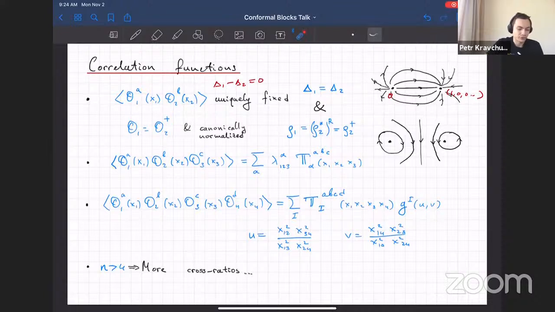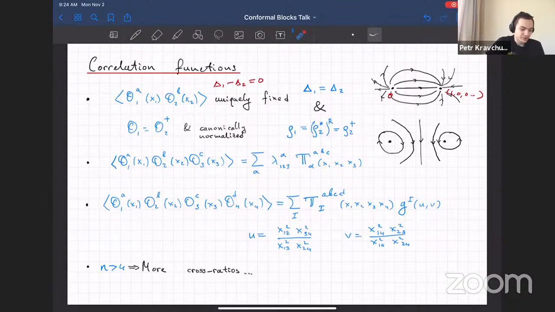In the language of the Lorentz group and Lorentzian signature, the statement is that the representation of the Lorentz group rho1 should be just the complex conjugate of the representation of operator 2, which is R2. The complex conjugation in Lorentzian signature I denote here by dagger to distinguish it from Euclidean, but it's not super important.